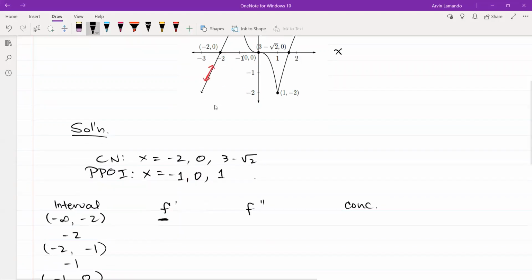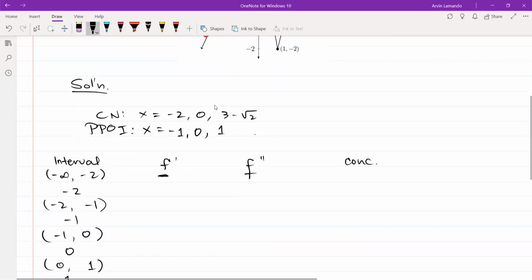Therefore, f double prime is positive in this interval. Therefore, the conclusion is that you have a decreasing f, which is concave upwards.